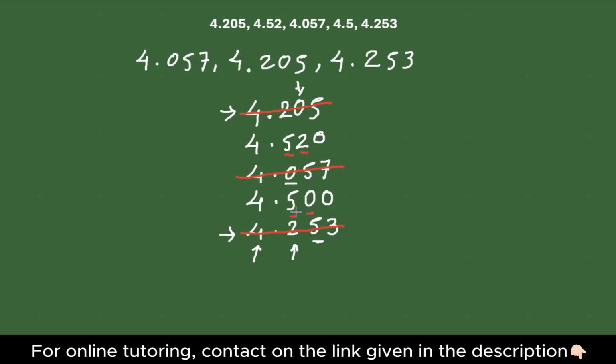So 4.500, which means 4.5, is the next smallest. So let us write 4.5 here, and this number is done. So we will cross it out, and at last the one remaining number is 4.520. We will write the original number, so 4.52.